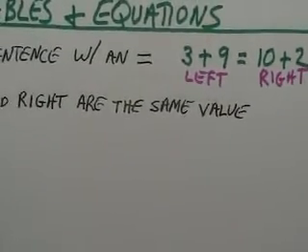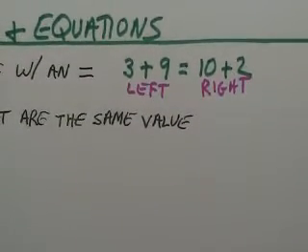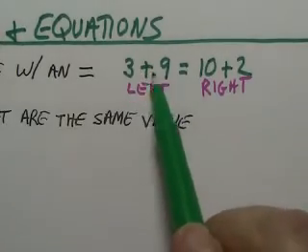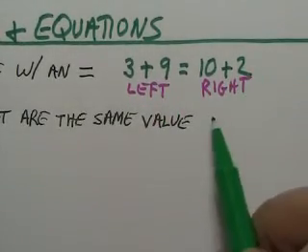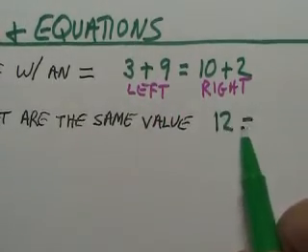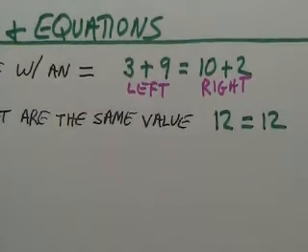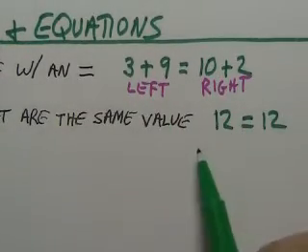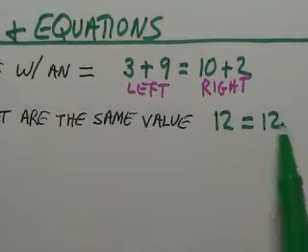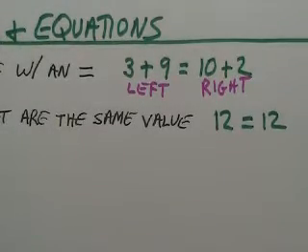And if we look at the example above us, notice that the left side is 12 and the right side is 12. If you have 12 equals 12, then that is true. This equation is true. The left side equals the right side. 12 equals 12. It is true.